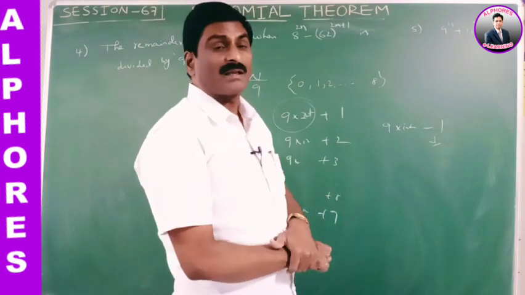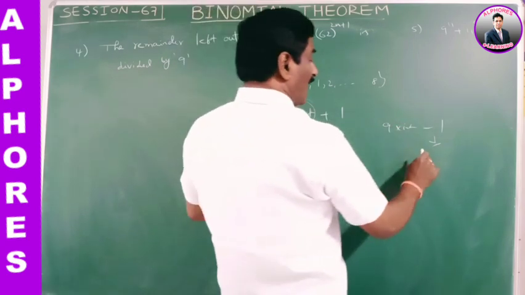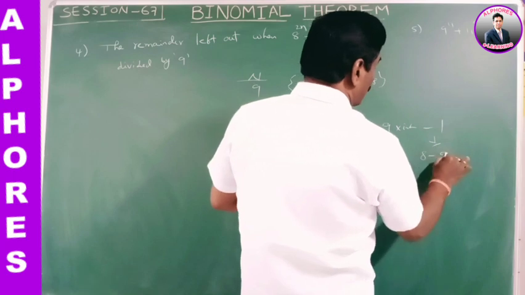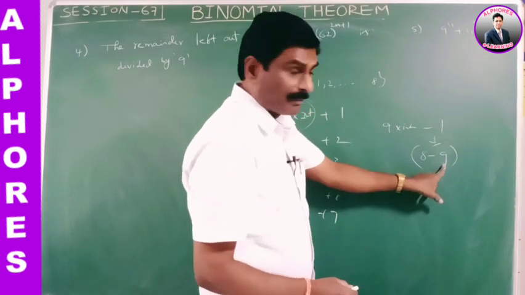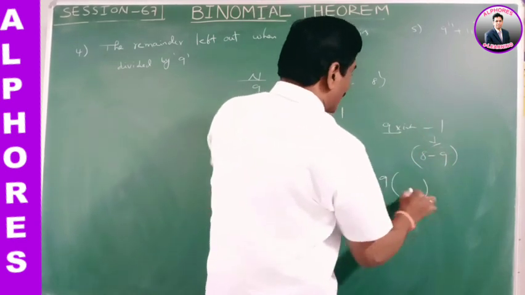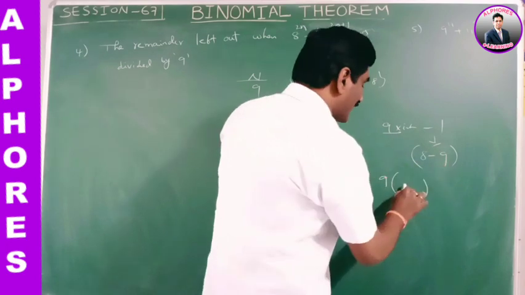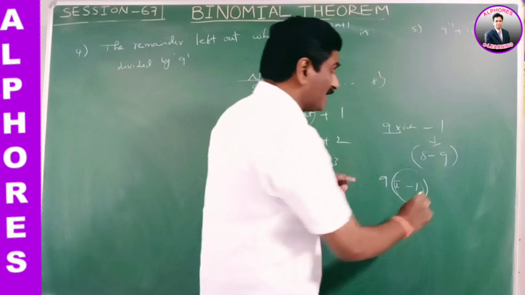Minus 1 means that value is 8 minus 9. 8 minus 9 means that value is minus 1. In this case, 9 into integer minus 9 means 9 into some integer minus 9 means integer minus 1. Integer minus 1 means again it is integer. 9 into integer plus 8.